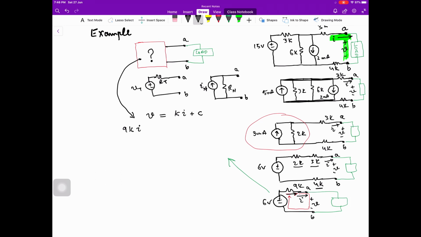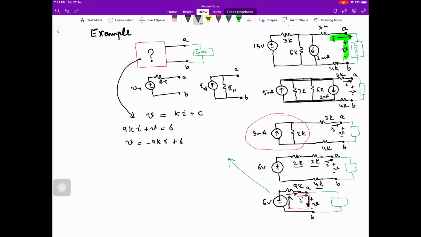Look at the circuit. If we move along the direction of the mesh current, we have V over here, voltage drop, and this is equal to 6 volt. Now we can express it as V is equal to minus 9K I plus 6.